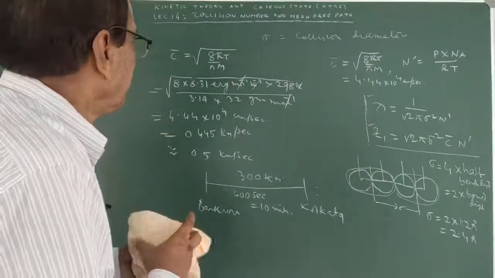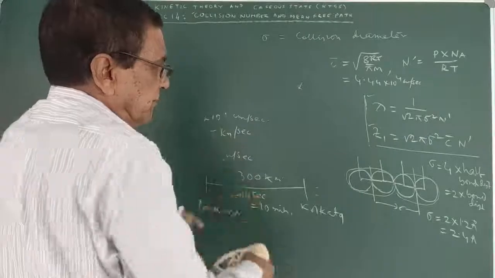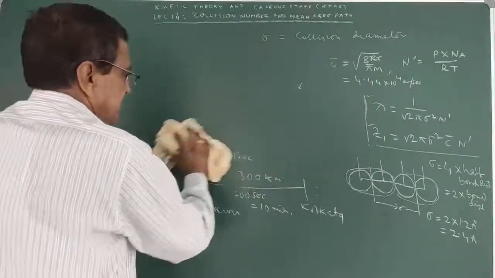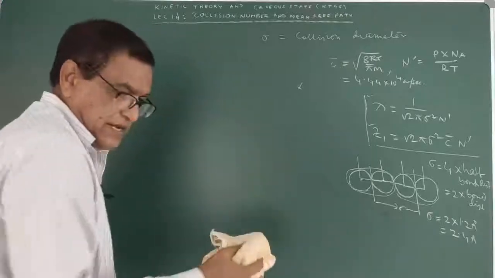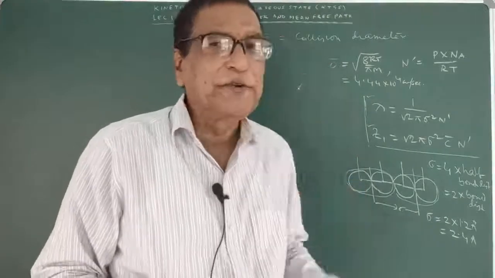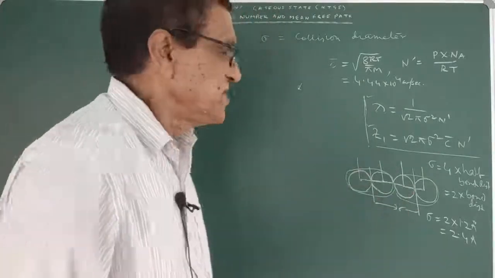Now we calculate the value of n dash, the number of oxygen molecules per unit volume of this oxygen gas at this temperature and pressure.